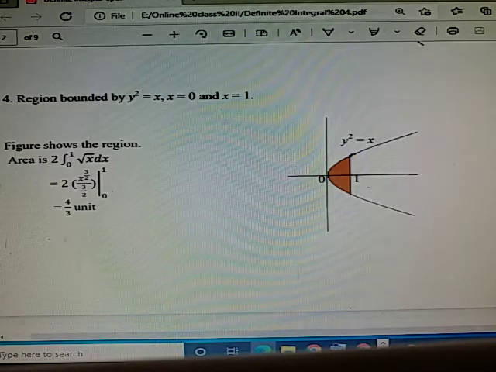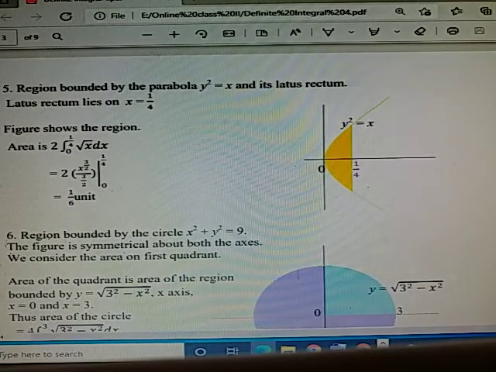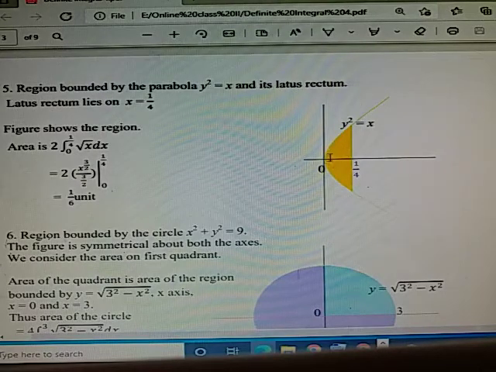Next, number 5 is also the same as the previous one. So here y square is equal to x and its latus rectum is 1 by 4, so x is equal to 1 by 4. This is the parabola.